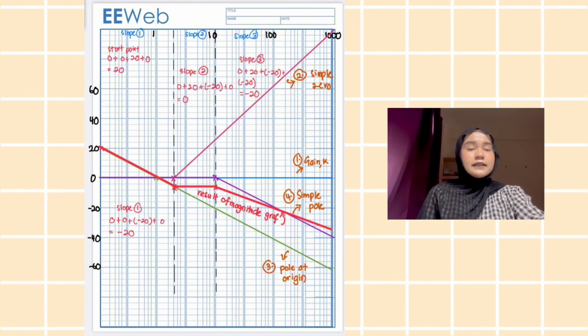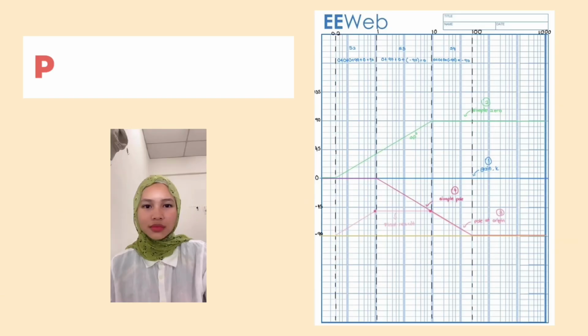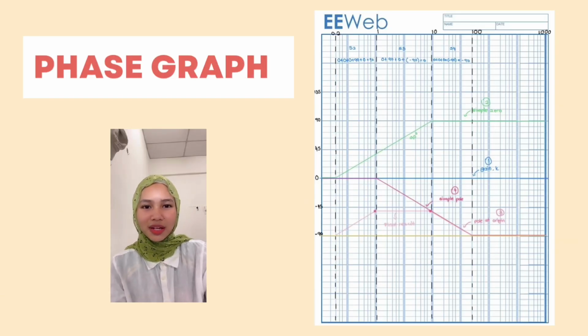The third slope is 0 plus 20 plus negative 20 plus negative 20, the answer is negative 20. And the result is here, the red line is the resulting magnitude graph.